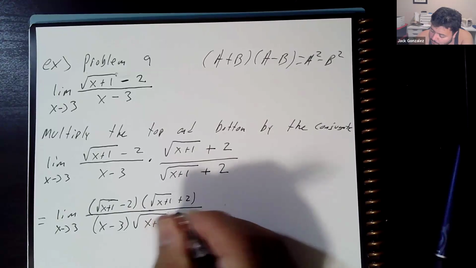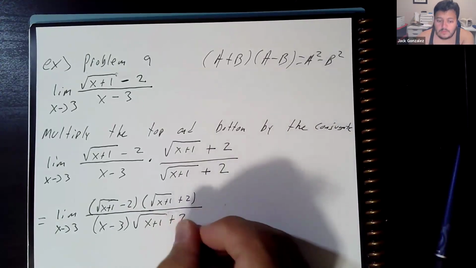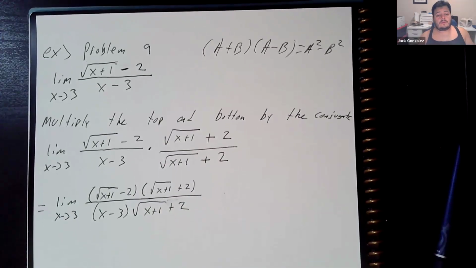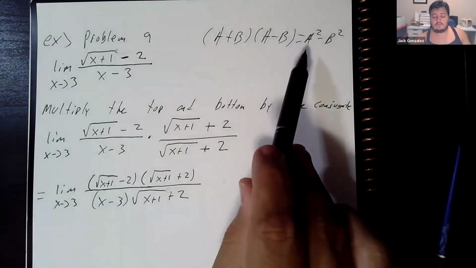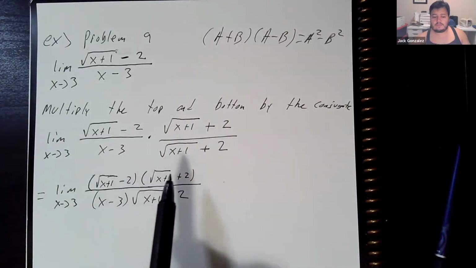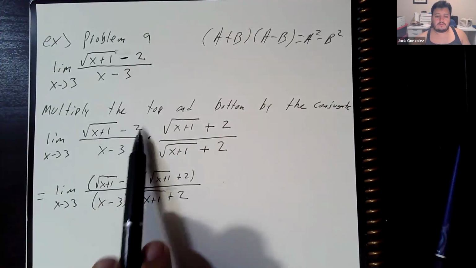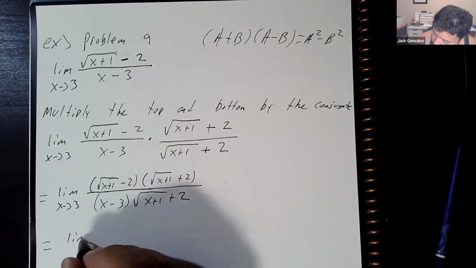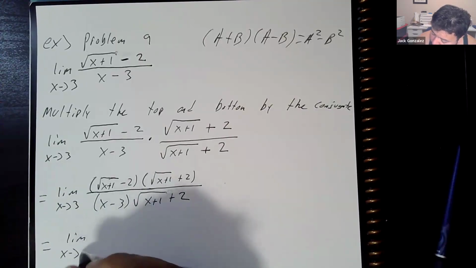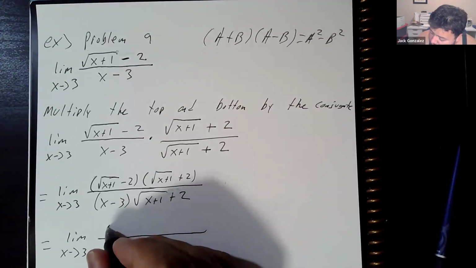So one fraction. So the top's going to turn into this squared minus this squared. I'm sorry, this squared minus that squared. If you were to do the whole multiplication, the whole FOIL, you're going to end up with this.